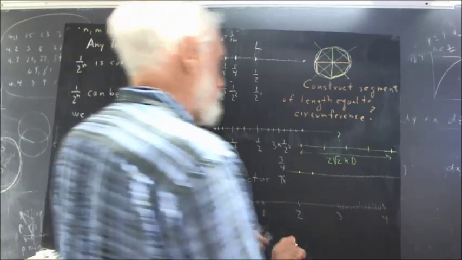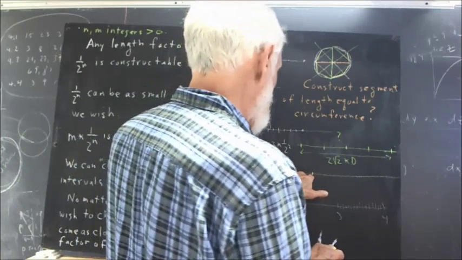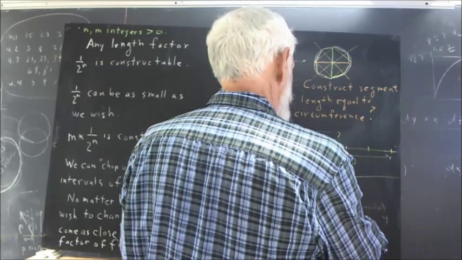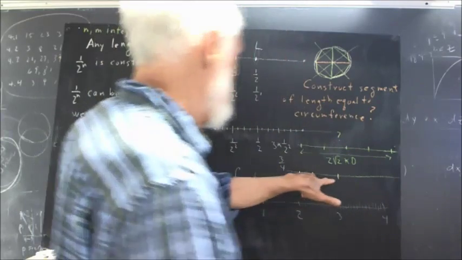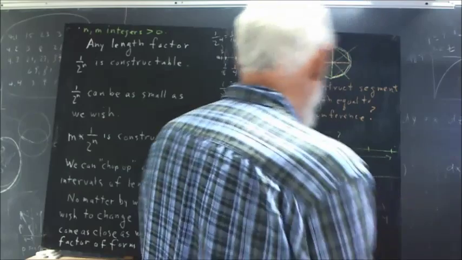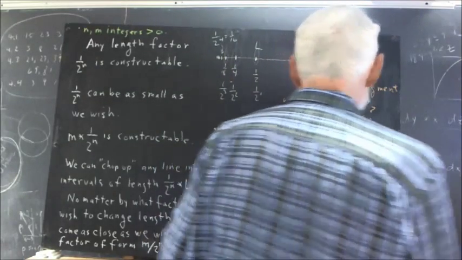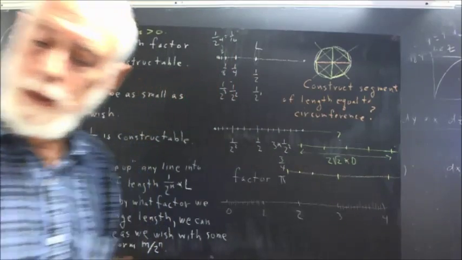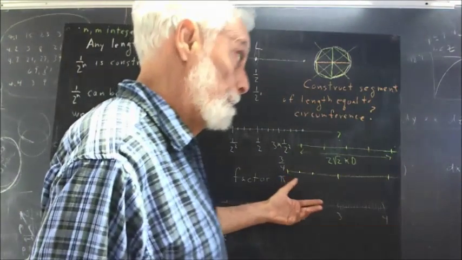But if I've got a long enough compass, of course I can just do this and double this length, which would get me the equivalent of 4 of these. Then I just double this one, and I'm out here. Okay, and now the distance from here to here is going to be a better approximation of pi.